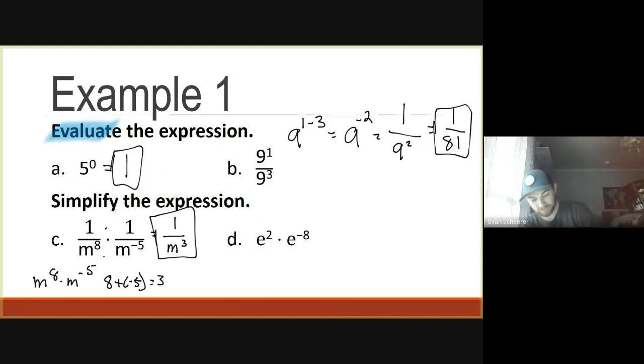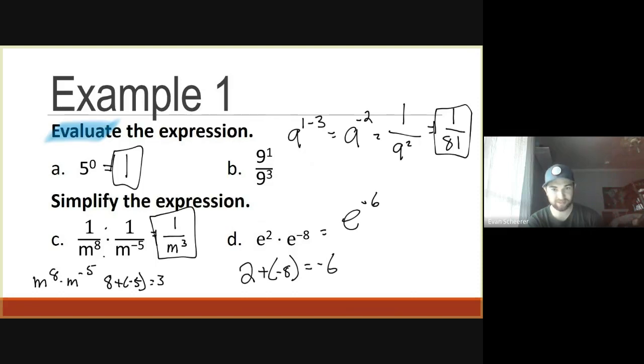For the next one, I need to do 2 plus negative 6, right? Because I'm adding the exponents because I'm multiplying. So 2 plus, oh, sorry guys, I kind of said the answer. 2 plus negative 8 equals negative 6. So therefore, I know this equals e to the negative 6. But you cannot leave this as a negative exponent.